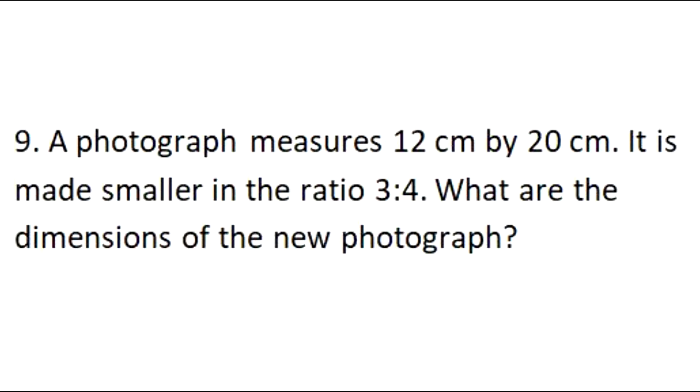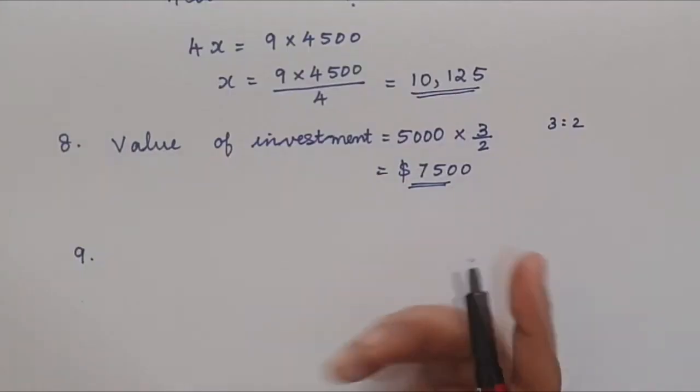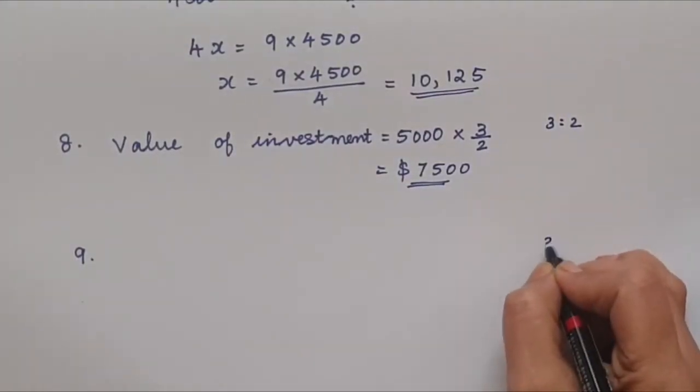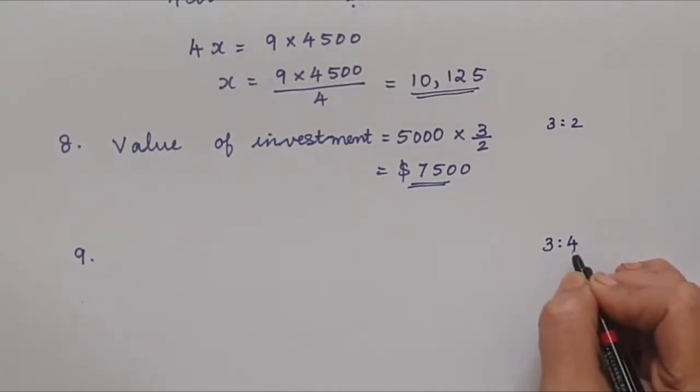The last question: a photograph measures 12 centimeters by 20 centimeters. It is made smaller in the ratio 3:4. What are the dimensions of the new photograph? The ratio is given over here as 3:4.